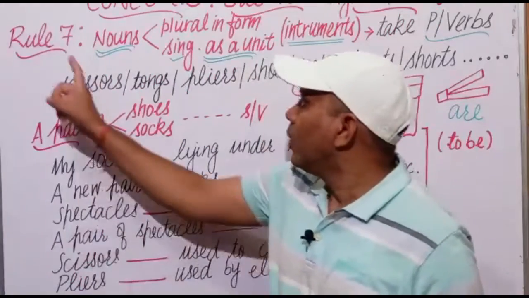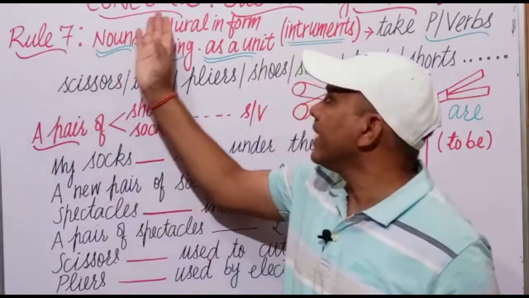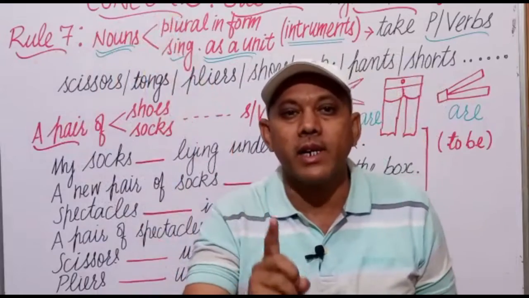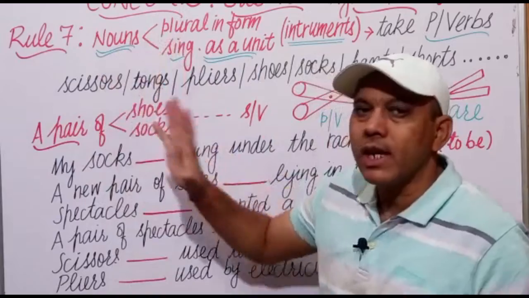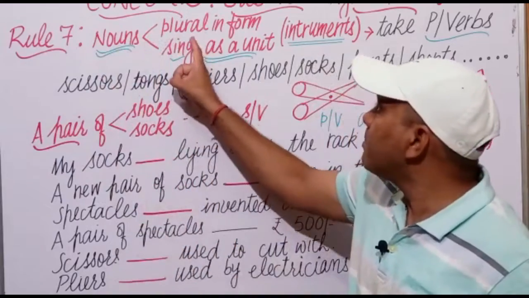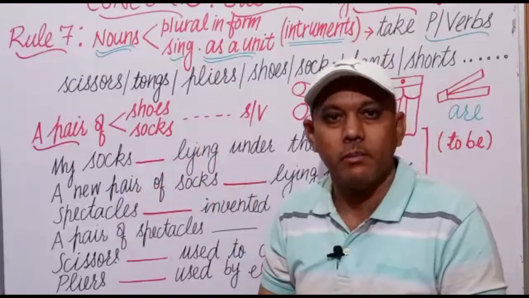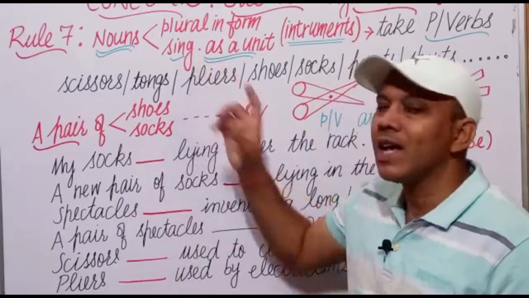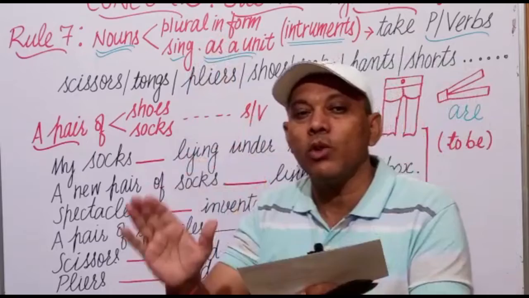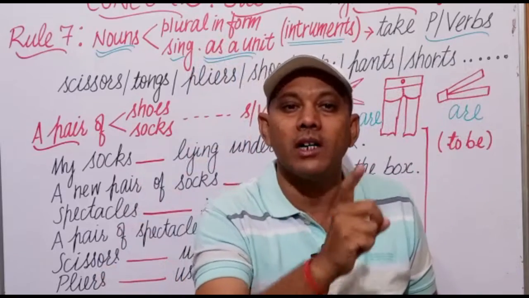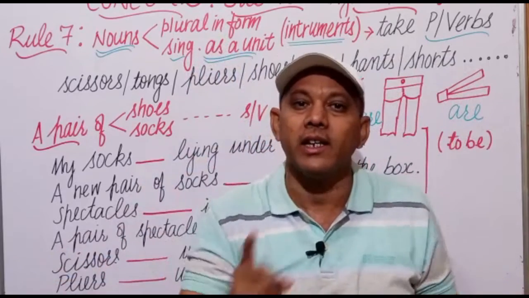Next is rule number 7 in the series of Concord subject verb agreement. There are some tools which are plural in their forms, but they are used as a unit because one part of that particular instrument can't work properly for which it is meant.